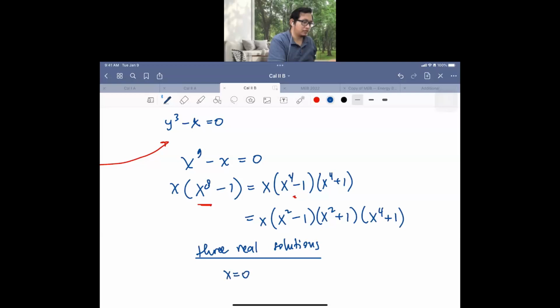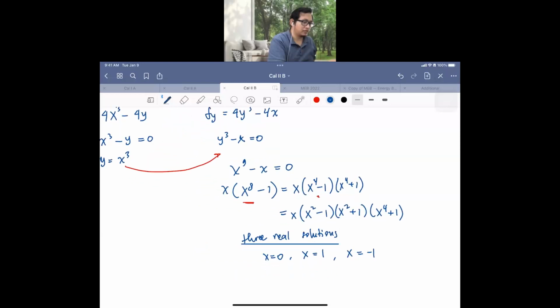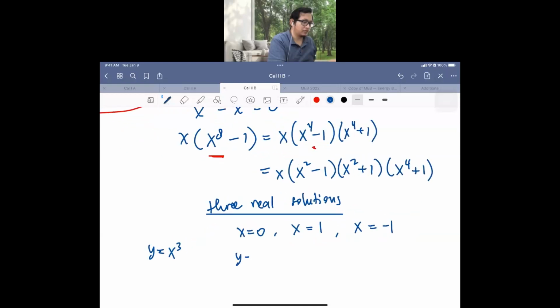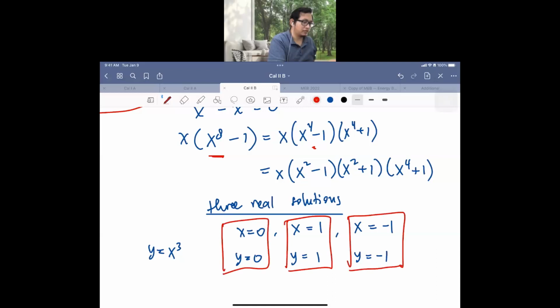So x equals 0, x equals 1, and x equals negative 1. And then based on y equals x cubed, y will be 0, y will be 1, and y will be negative 1. So these will be all the critical points.